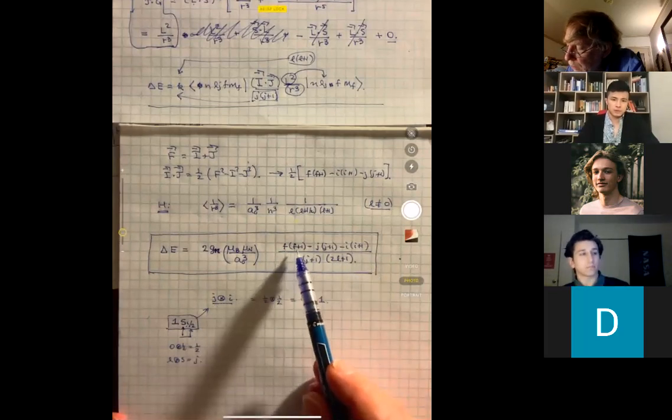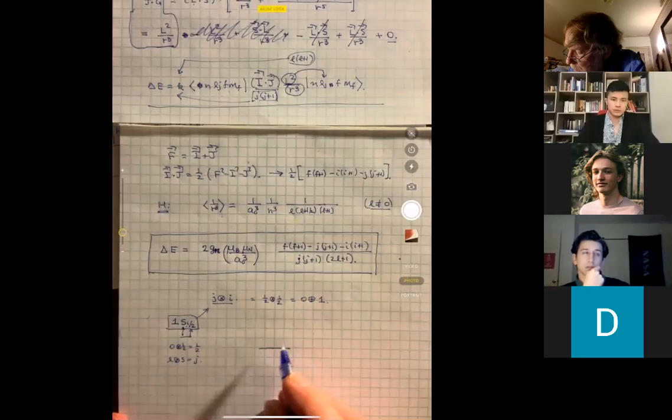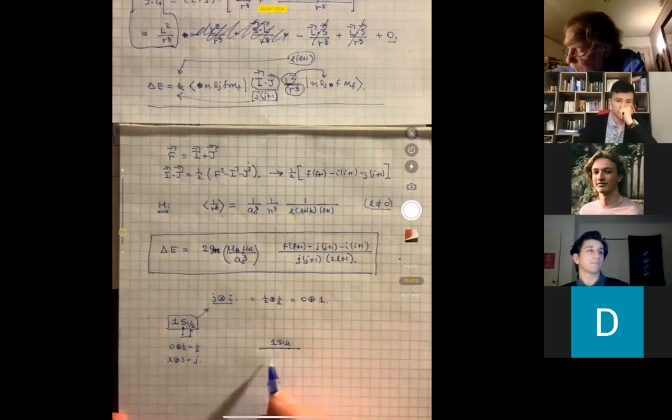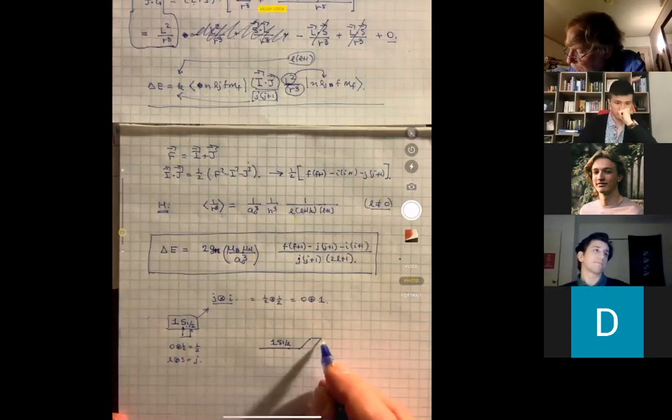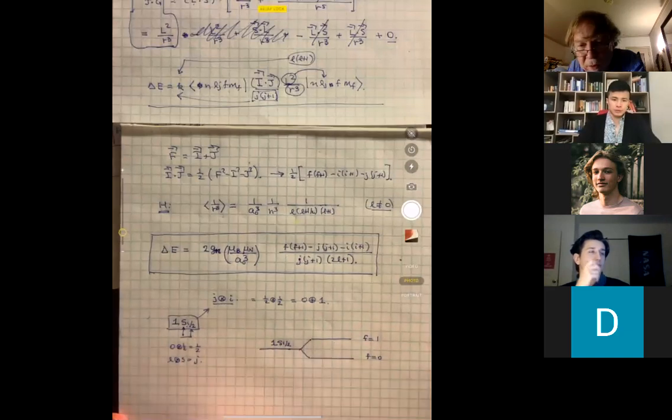And because the energy has this F(F plus 1) here, you can see it's an increasing function of F. And so what this means is that the 1s 1/2 level in the unperturbed system, meaning the full fine structure, even including the Lamb shift, that's what we have here. When you turn on the perturbation, it splits like this, and you have an F equals 1 and an F equals 0 level. These are the two hyperfine levels.